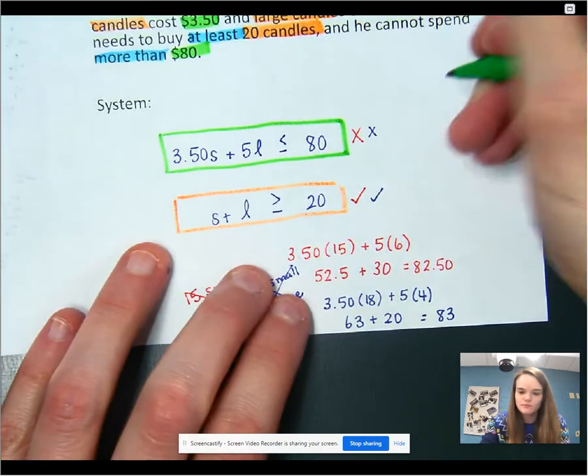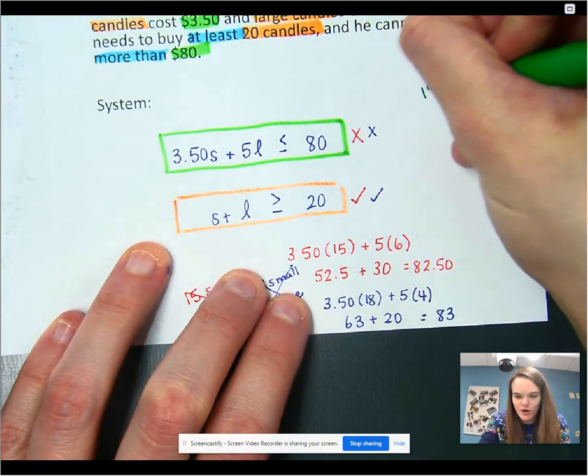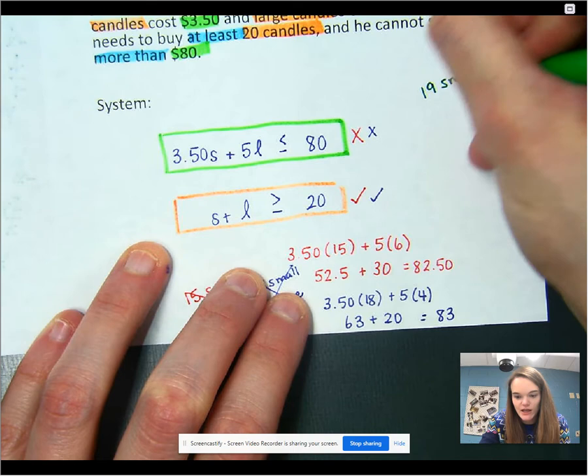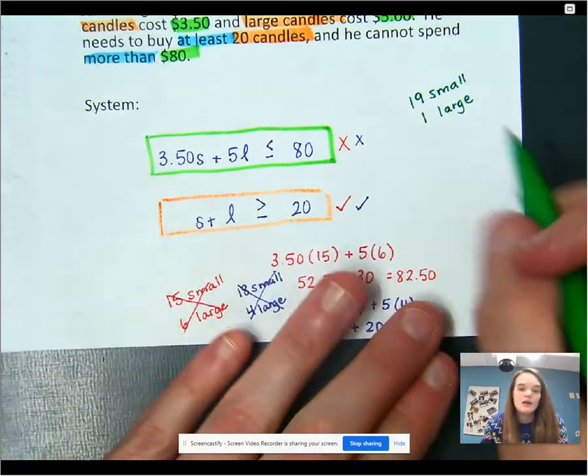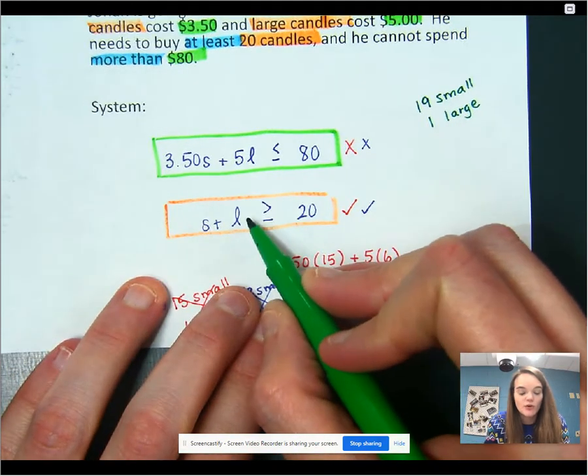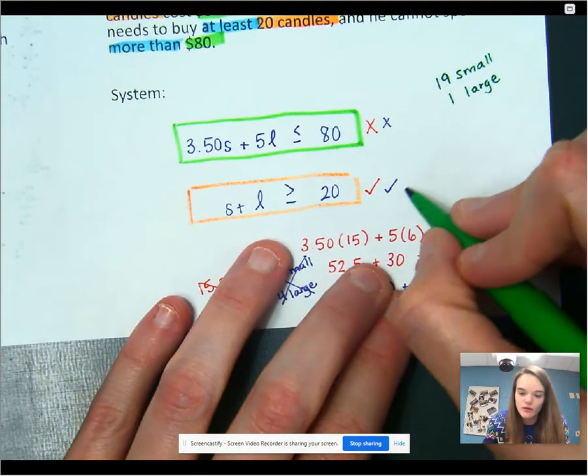What about 19 small and only 1 large? See if that works. 19 plus 1 is 20, so 20 is greater than or equal to 20. Okay.